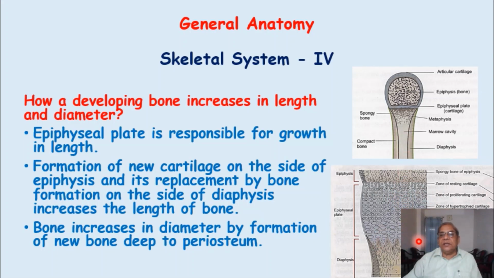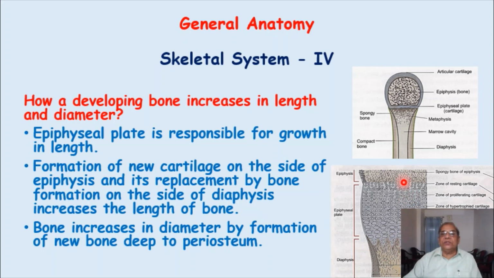On the other hand, the calcified cartilage is facing towards the metaphysis, the diaphyseal end of the metaphysis. You can see here that on the surface of this calcified cartilage, new bone is laid down. So the metaphysis is an active site of bone formation.